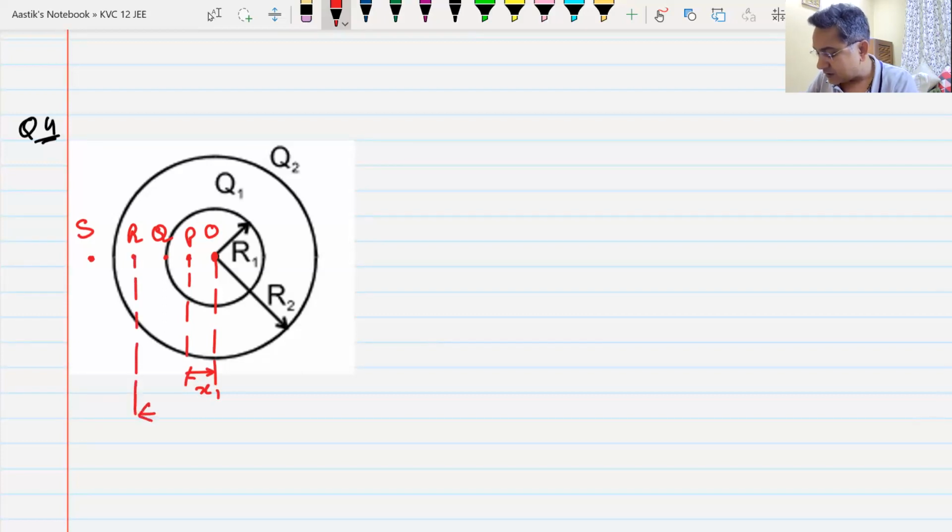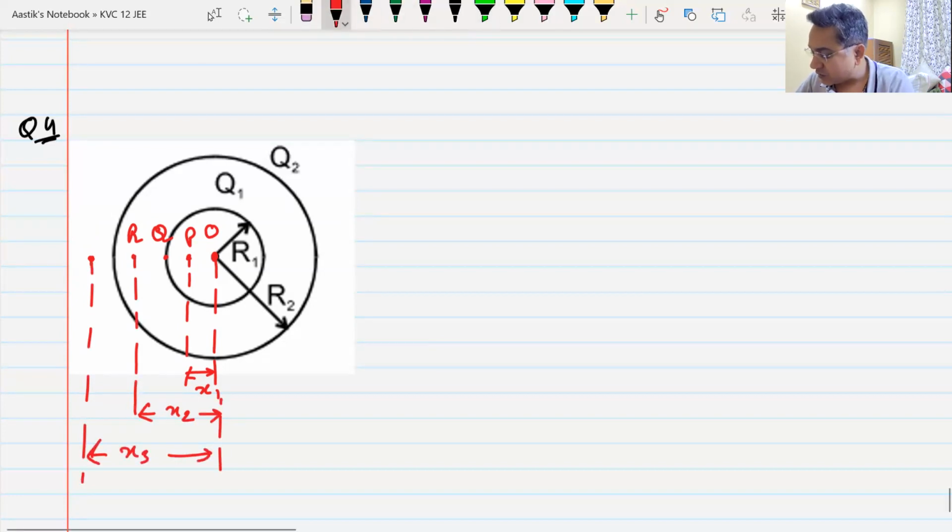You can take the distance of this point as x2, and this point as x3. Let me call the point on the shell S, and let me call this point T. So you have 6 points, and you have to find the electric field at all these 6 points.